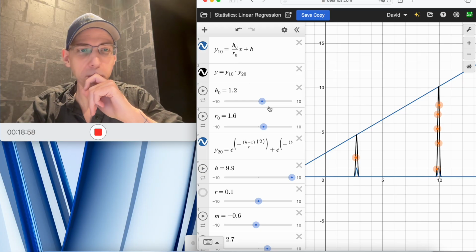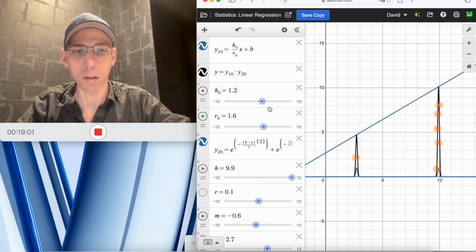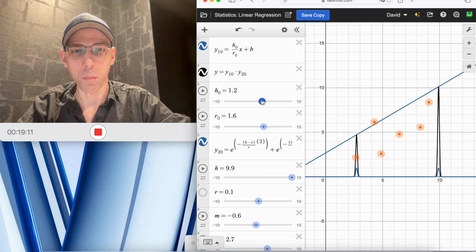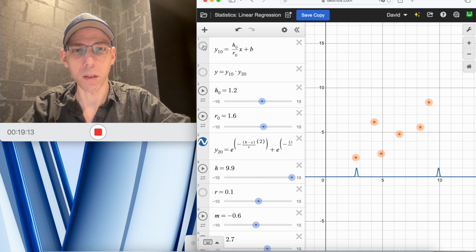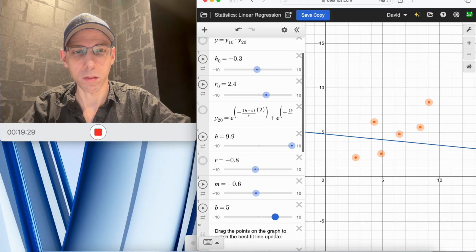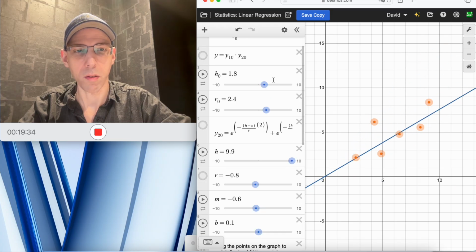Okay, so when we're trying to curve fit our data, I can basically try to work through this, and I can try to go from this point to this point.